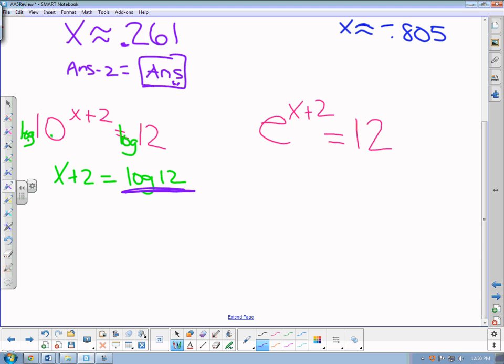This can just be typed into your calculator as is, and then subtract 2, and x will be negative 0.9208. And it's going to be negative because log of 12 is like 1 point something.